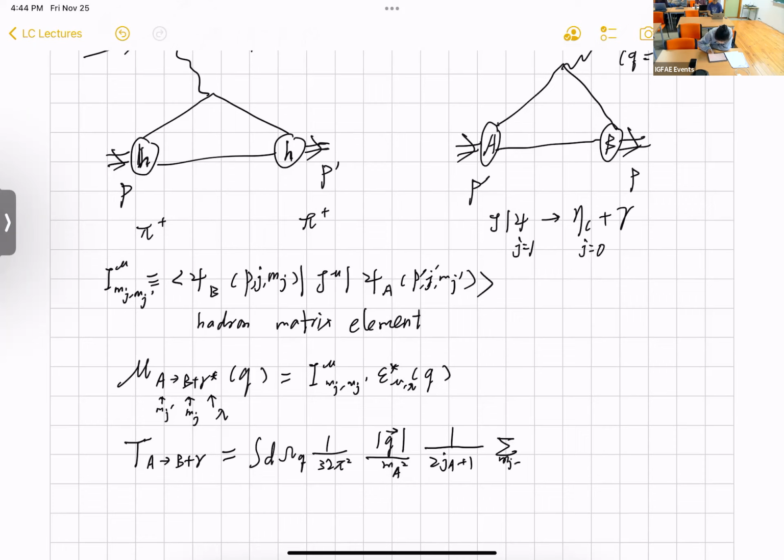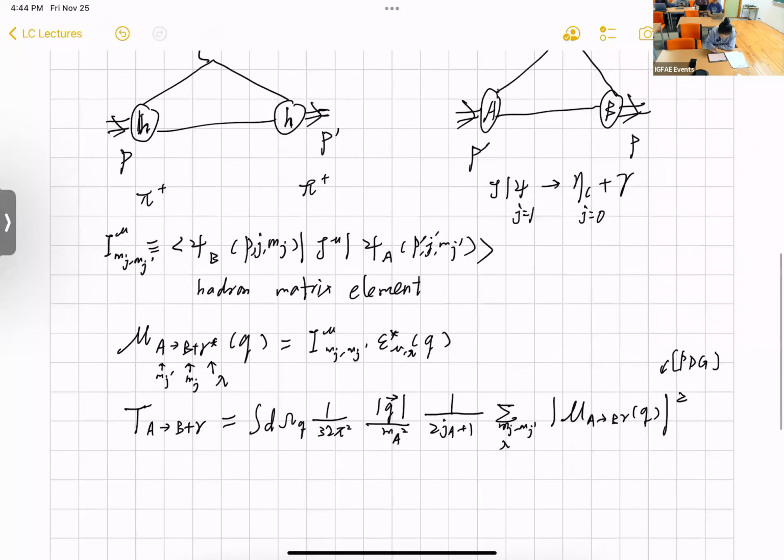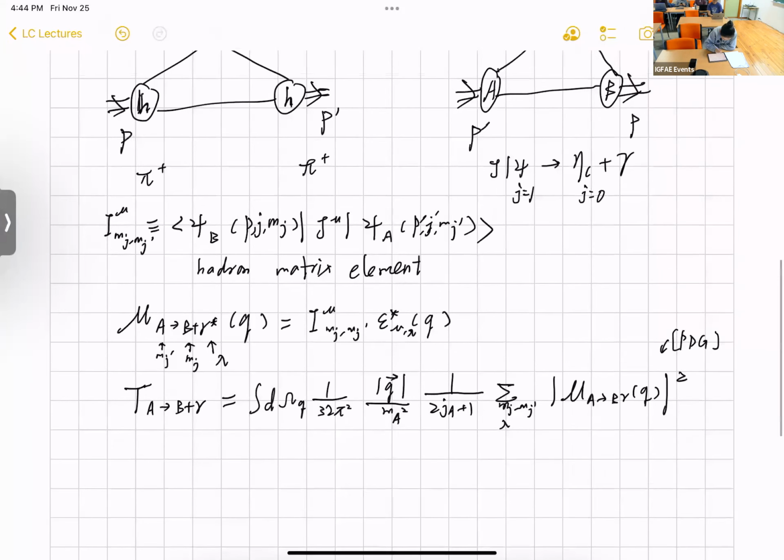Summation of m prime and lambda. Okay, and you can find this formula actually in the PDG book. And note that this decay width is frame dependent.